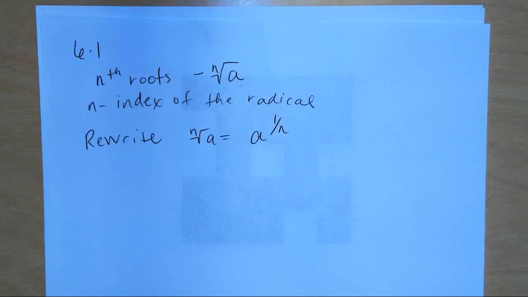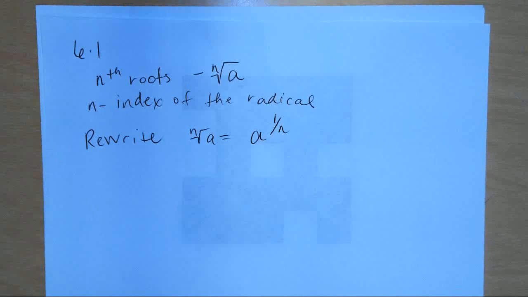What do we know about exponents? Do we know anything about exponents? Yeah, kind of. I know that if you multiply A to the something times A. Okay, Owen's got it.